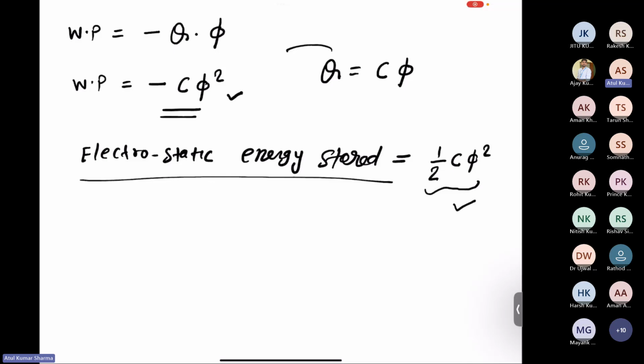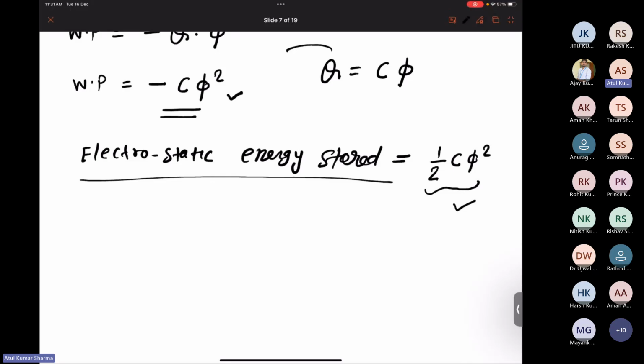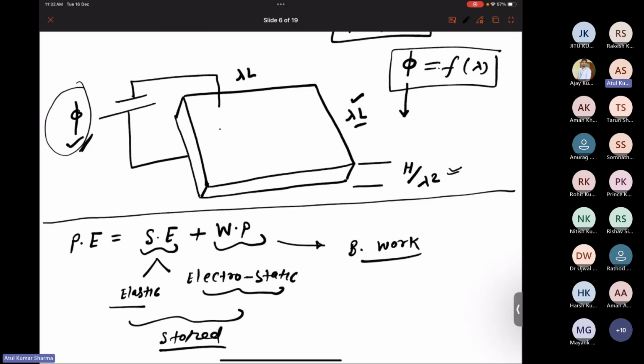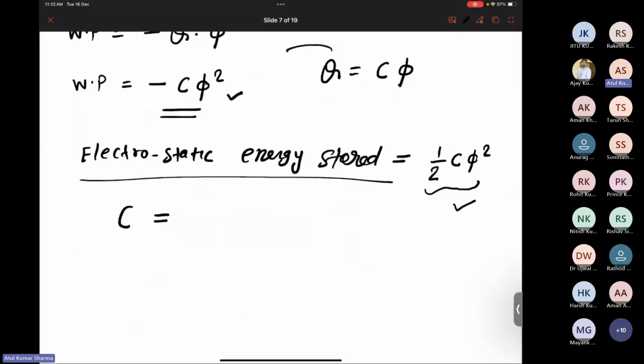Okay, so now tell me, for a parallel plate capacitor, what is your C? Because we want to establish the relationship between phi and lambda, and phi is known to you because you are applying it to the system, so we know the applied potential difference value. So now we have to replace this C by known quantities.